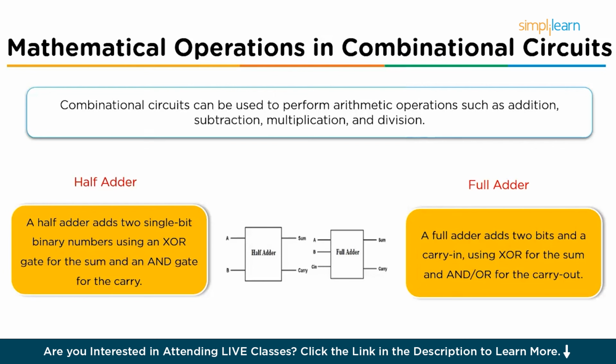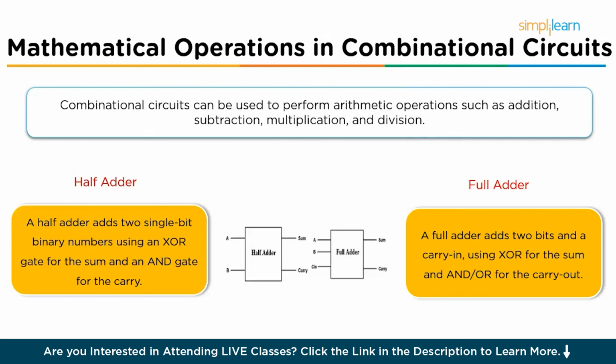It adds two single bit binary numbers and a carry bit from the previous operation. It uses XOR gates for the sum and AND or OR gates to handle the carry bit. So by combining these basic circuits, we can create more advanced circuits such as multiplexers, encoders, decoders, and ALUs, arithmetic logical units, all fundamental in digital systems.